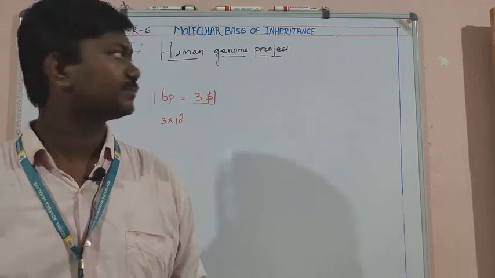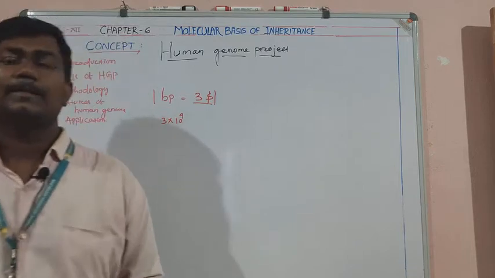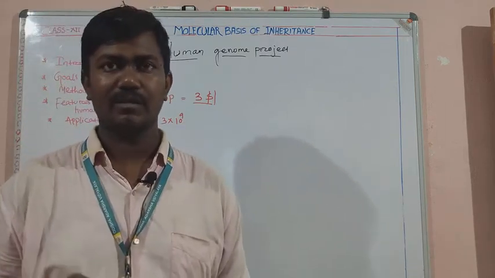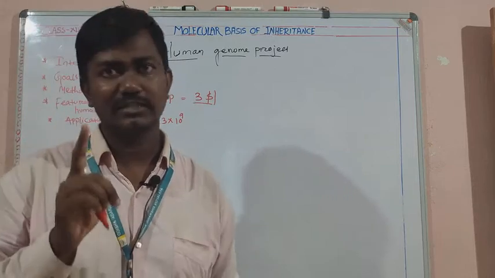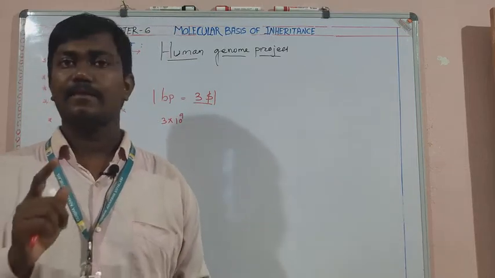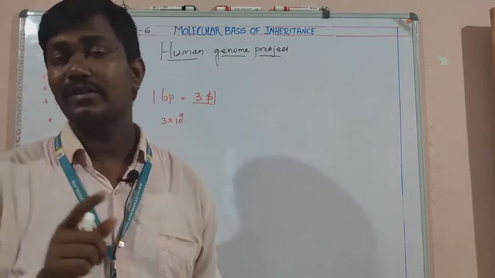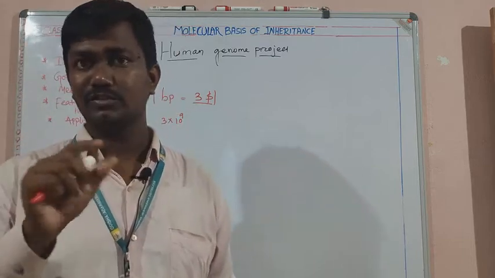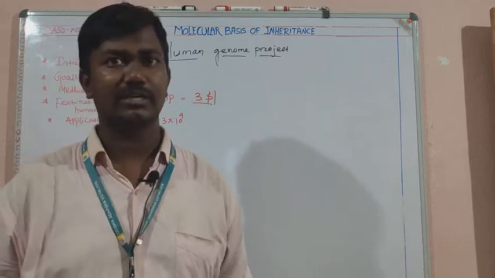Got it? For storage of the sequence data, if one book has 1000 pages, then 3300 books are needed to sequence the genome of a single human cell.